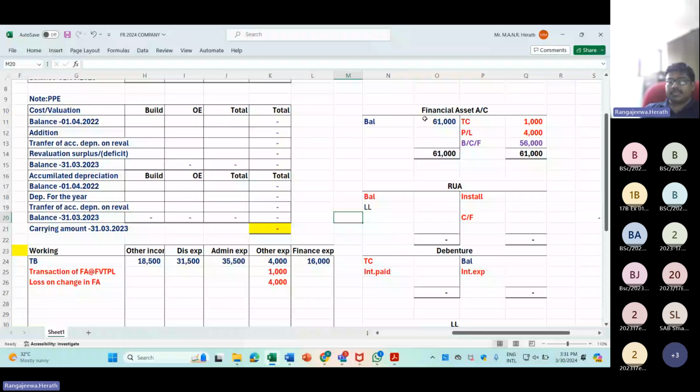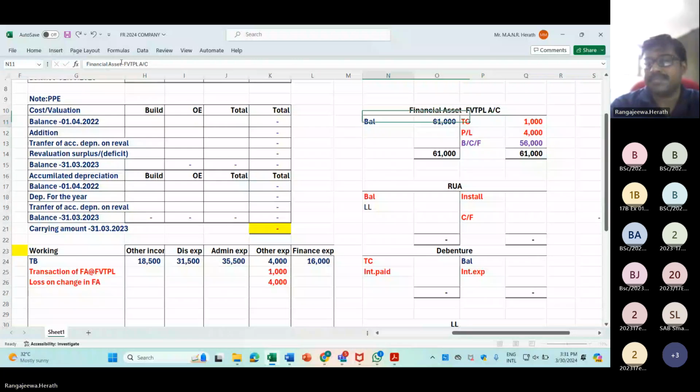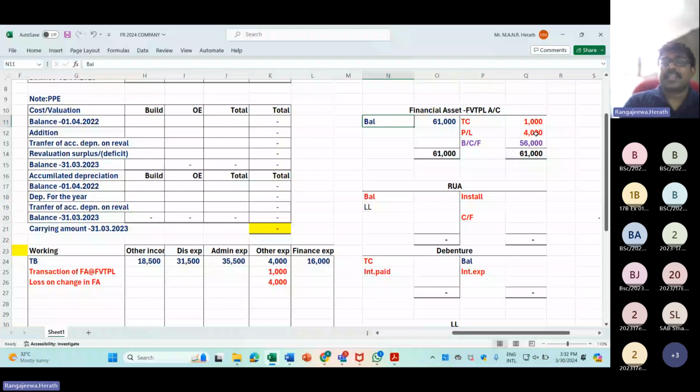If this is a financial asset at fair value through OCI, then transaction cost can be added. In that case, the resulting gain or loss is charged to other comprehensive income. Here it is the other way. Transaction cost is added, which is wrong. We remove it and take it into expense.